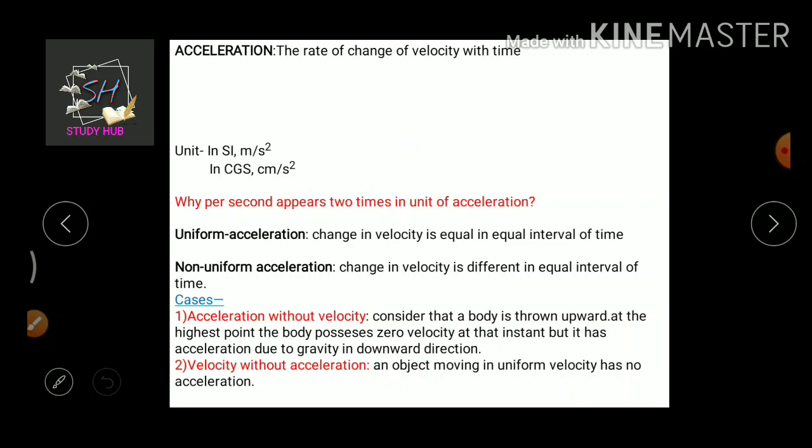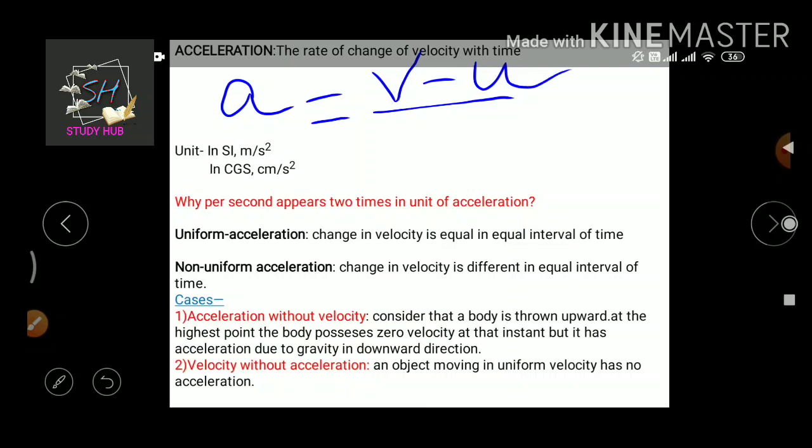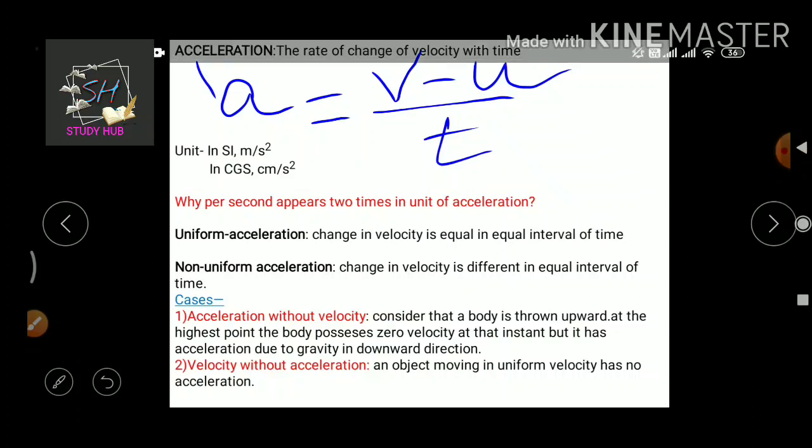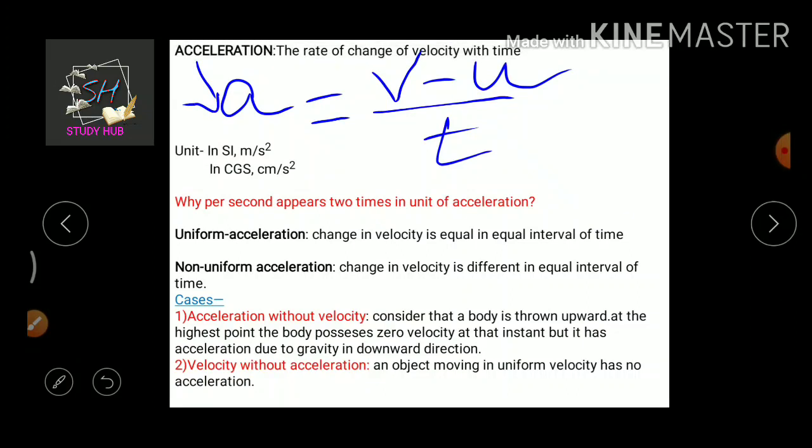We represent acceleration by small a. Here a equals v minus u by t. Here a is acceleration, v is final velocity, u is initial velocity, and t is time.